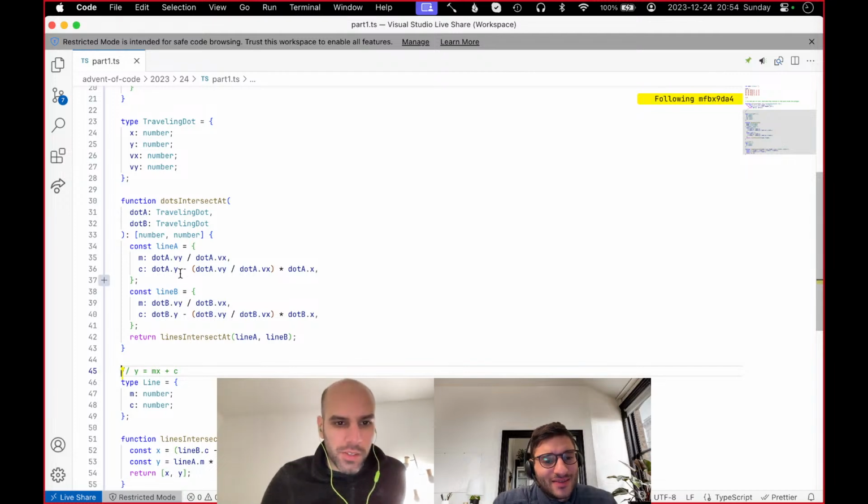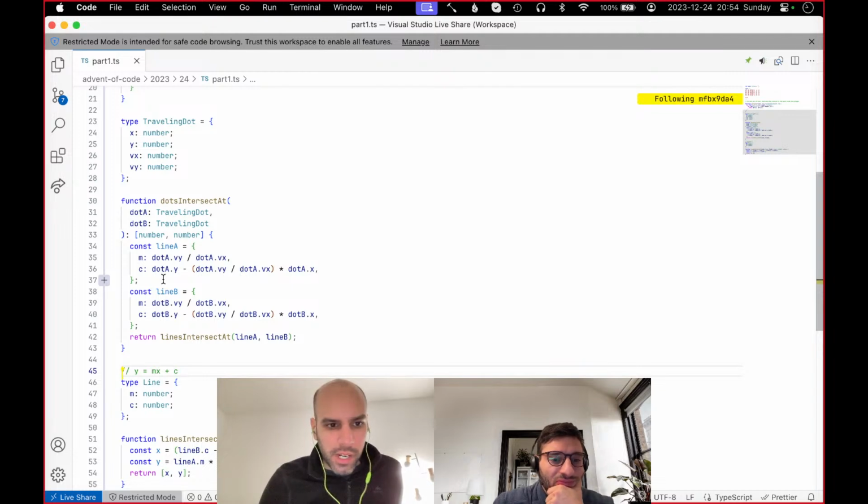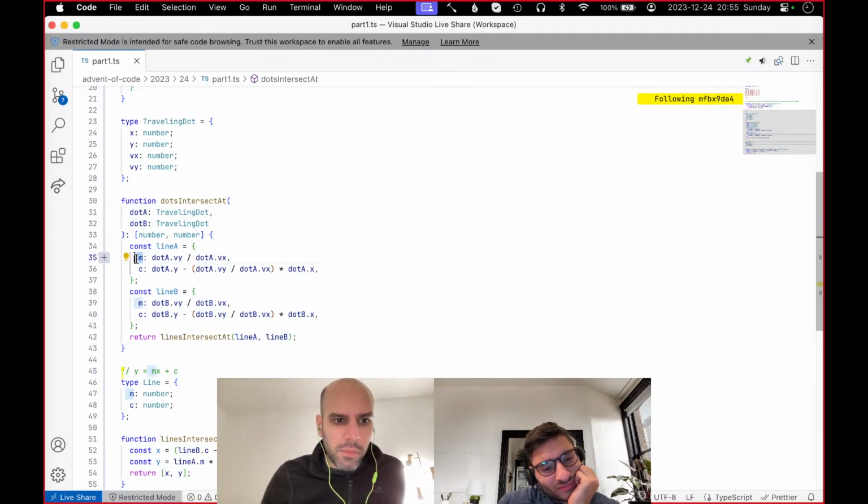Okay, at least now it's only using dot A to determine line A and dot B to determine line B. And it's doing whatever it's doing to determine M and C. And I can see why this may work. M is what we call the slope of this line. And it makes sense that the slope of the line would be the ratio between the velocity on the y-axis and the velocity on the x-axis.